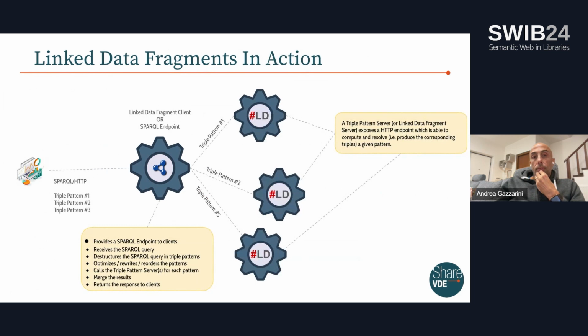That means the SPARQL layer needs to destructure the SPARQL queries, make some potential optimization of the query, and delegate the execution of each triple pattern or triple pattern group to a specific server, a linked data fragment or triple pattern server.